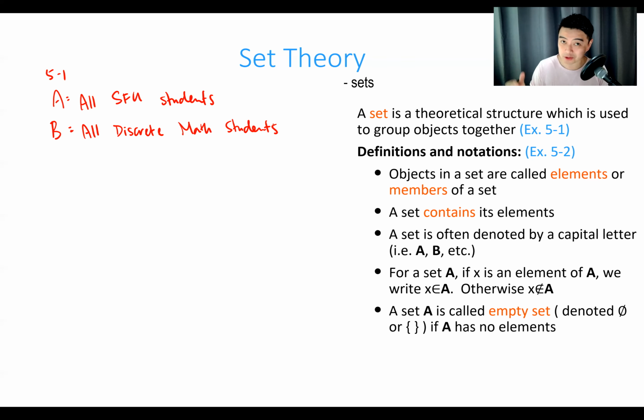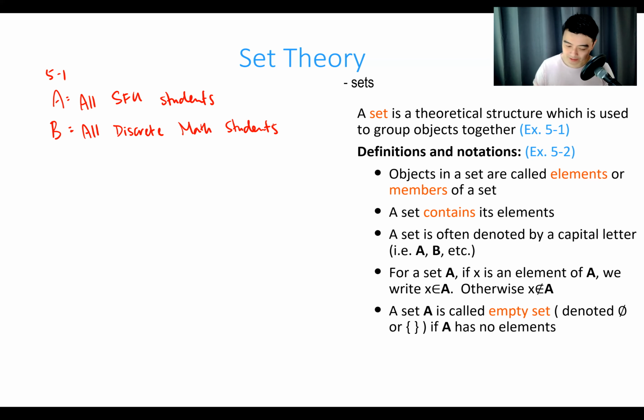Now, this is very similar to what we've talked about in propositional logic. When we had a logical statement, we would label it as P or Q or something like that. So this is no different, except we are using capital letters. There are other things we're going to explore later in this topic: if I have a set A and a set B, there are certain operations I can apply.